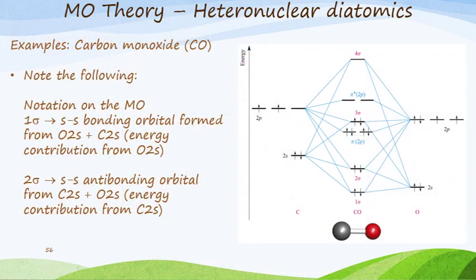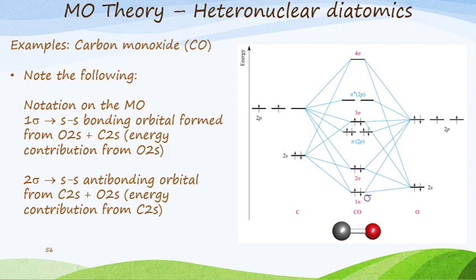The first thing we're going to look at is this orbital down here, which is the sigma bonding orbital for the interaction between the 2s of the oxygen and the 2s of the carbon. That is an s-s bonding orbital, and the energy contribution is going to be mostly from the oxygen 2s. So you can see that it's closer down here, it's not so far away.